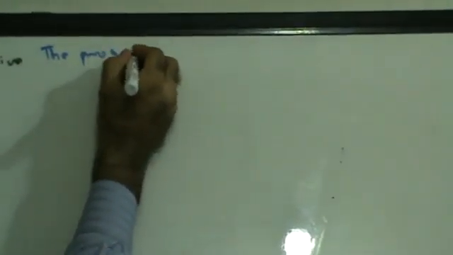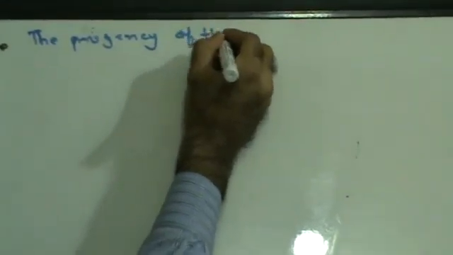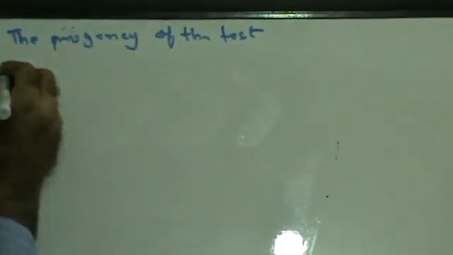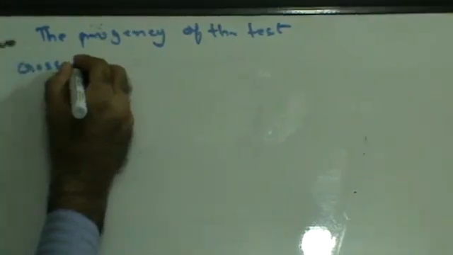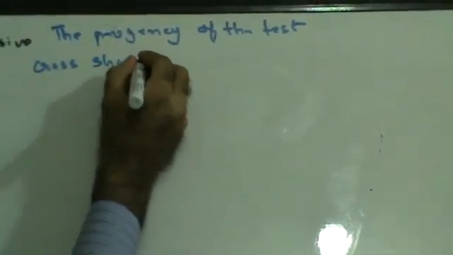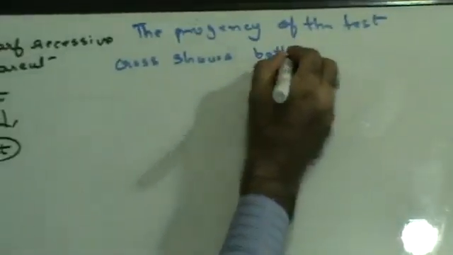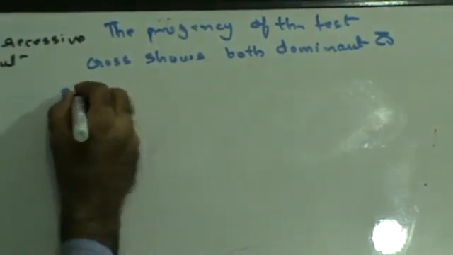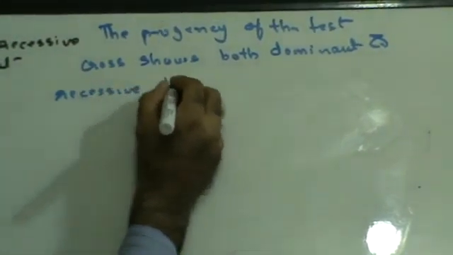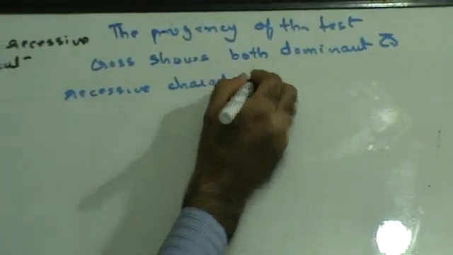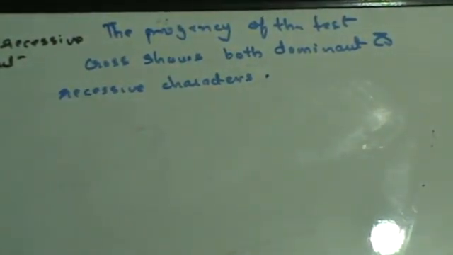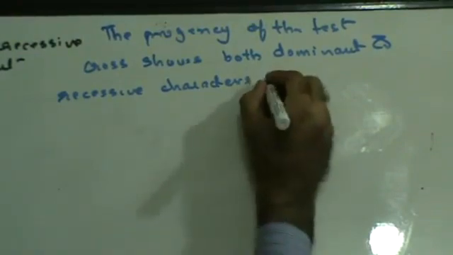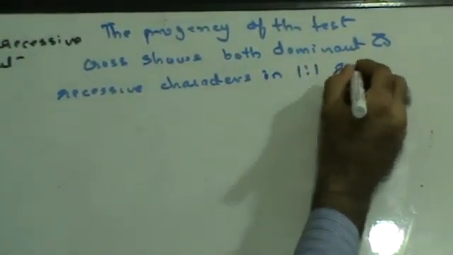So I can say that the progeny of the test cross shows both dominant and recessive characters in 1:1 ratio.